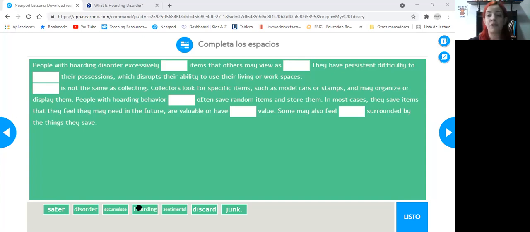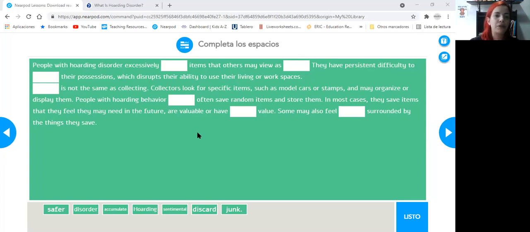This is a short definition about hoarding, accumulating things. Okay, good. Okay, let's please read here and you're gonna tell me exactly what words I have to put exactly where. Okay, all right.